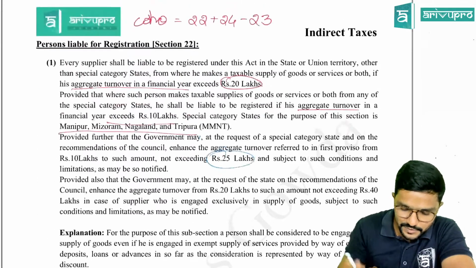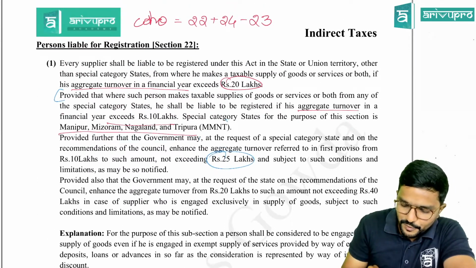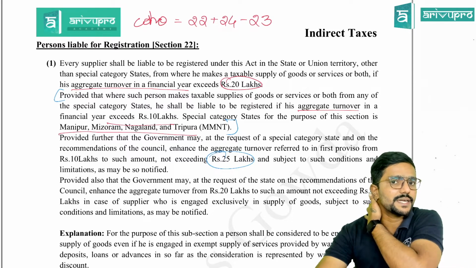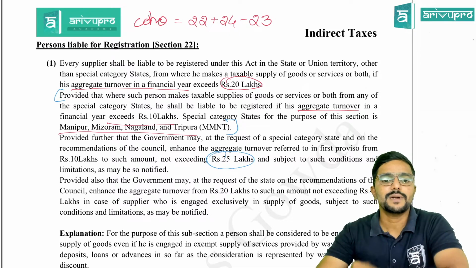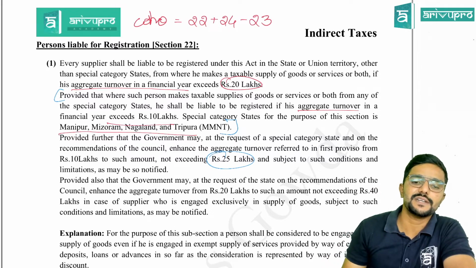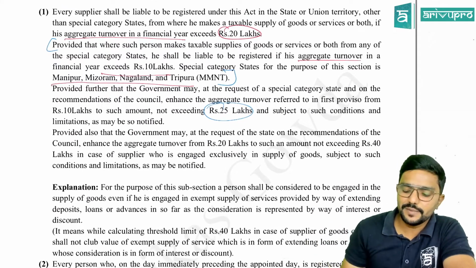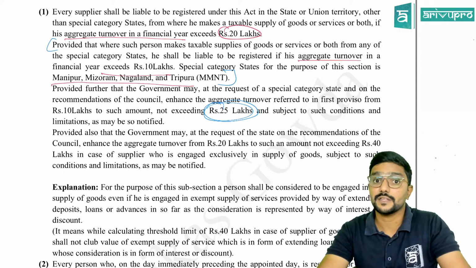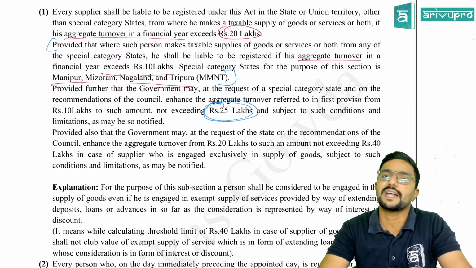So as per the first proviso, for the 4 special category states, that is MMNT, the aggregate turnover limit is 10 lakh. But if any of the special category states request, the 10 lakh limit can be extended to a maximum of 25 lakh. That too, if it is requested by the special category states.